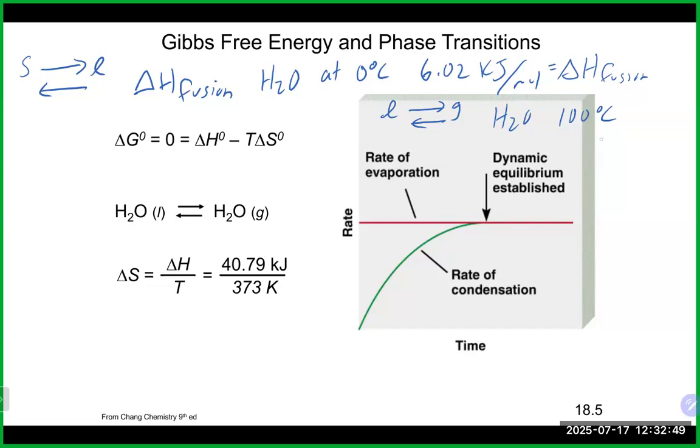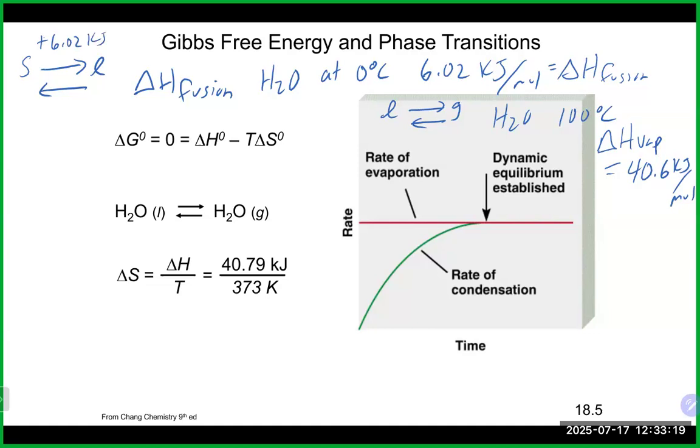And roughly the delta H of vaporization is about 40.6 kilojoules per mole in this case. And remember that it is the same number for the delta H, regardless of which way you're going, but the sign changes. So if we're going from solid to liquid, that's going to be, in this case, a positive 6.02 kilojoules.